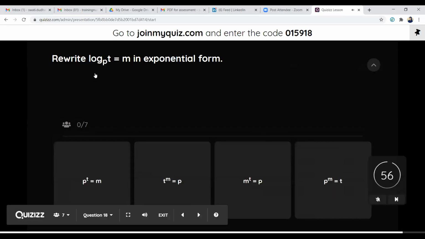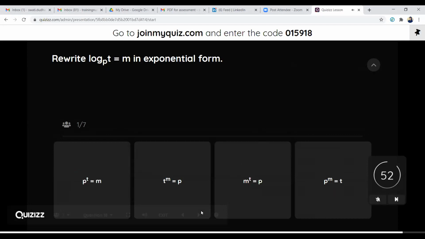Rewrite. So it's given in the logarithmic form, convert it into the exponential form. 10 seconds.